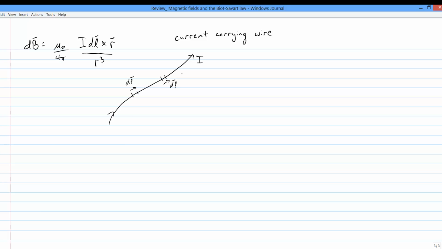Finding the total magnetic field made by a current-carrying wire involves breaking the wire into bits and adding up the effect of all the bits with an integral. The fact that the source term is a vector complicates things. Rather than just multiplying the I dL by an R vector, we do a cross product of dL with R.